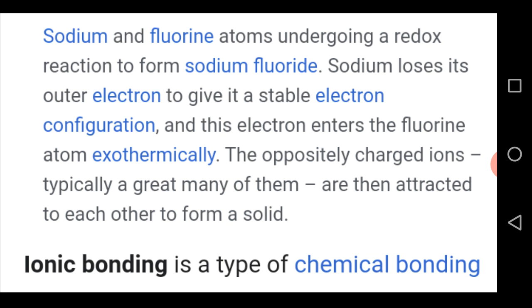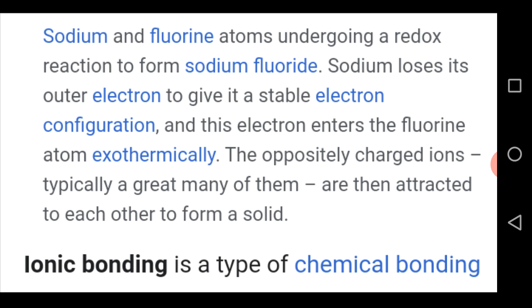The oppositely charged ions, typically a great many of them, are then attracted to each other to form a solid. Sodium by losing an electron becomes sodium ion, and fluorine by gaining an electron becomes fluoride. So sodium and fluoride are attracted together and form sodium fluoride solid.